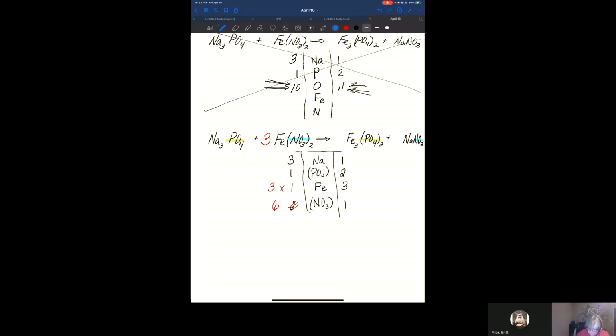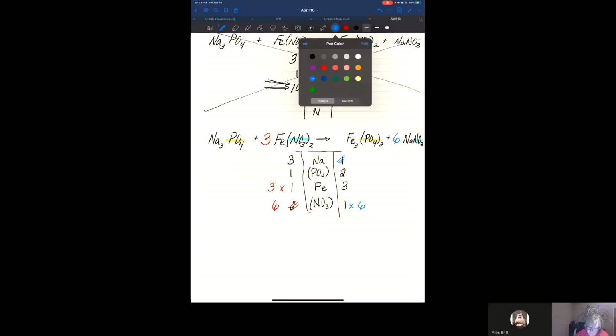I want to balance the nitrate. This is what I mean by this domino effect. I picked iron. By balancing the iron, I changed the nitrate count. Now I'm going to need to multiply the product side by 6. But by putting a 6 in front of the sodium nitrate, that messes up the sodium.